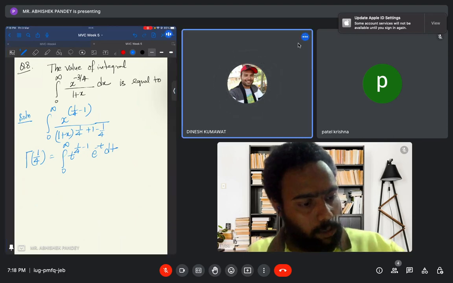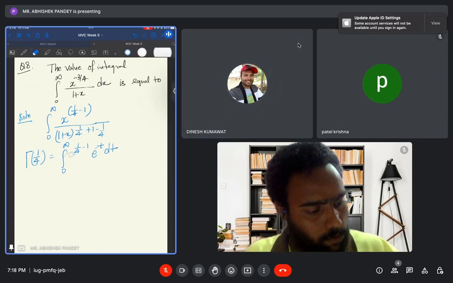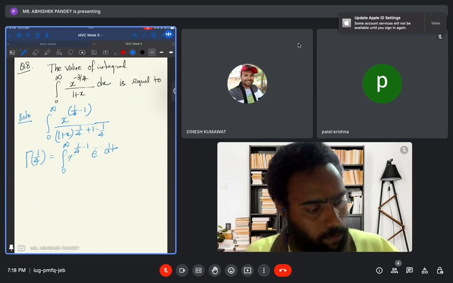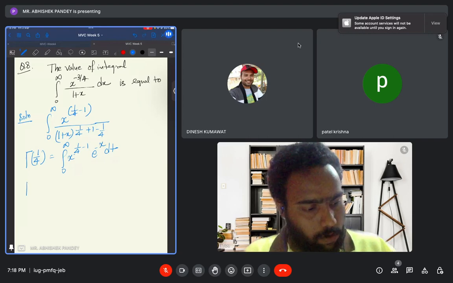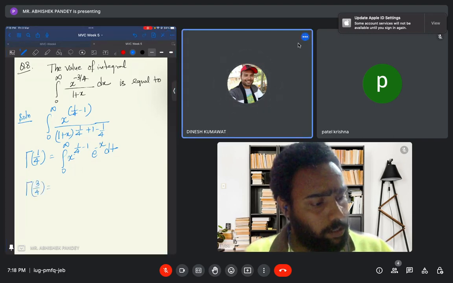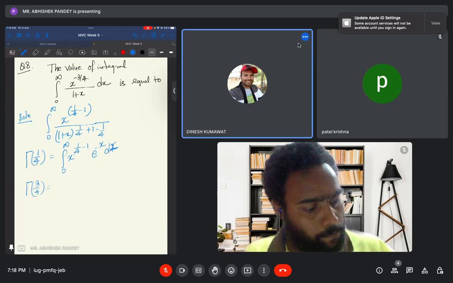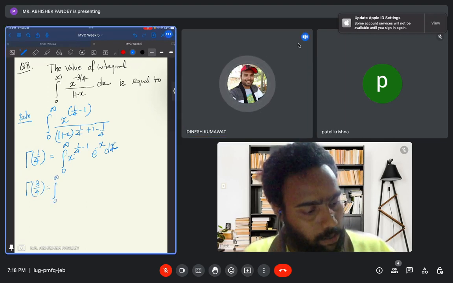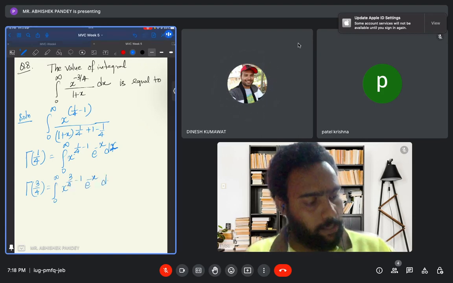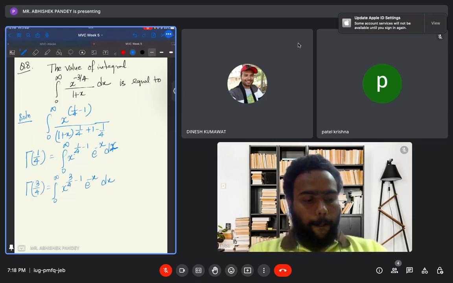Okay, better to write x because we are working with x. And gamma of 3 by 4 is what? dt will be dx. Integral 0 to infinity x to the power 3 by 4 minus 1 e to the power minus x dx, isn't it? Yes.